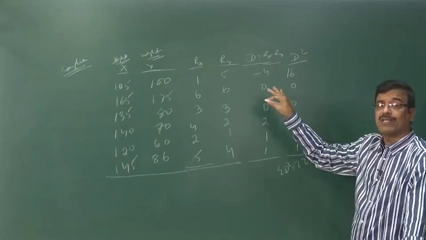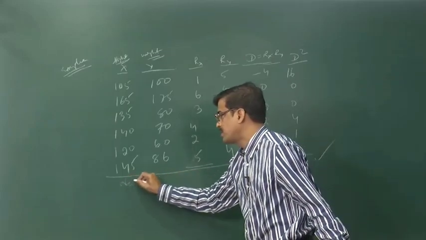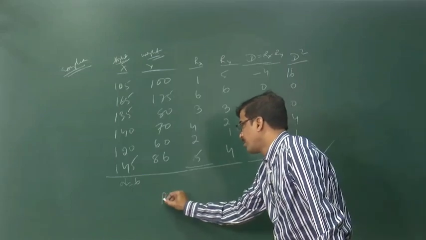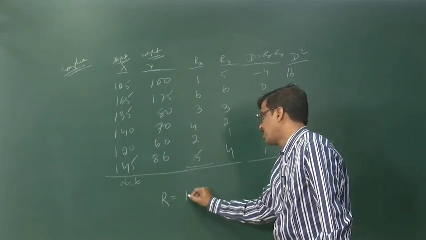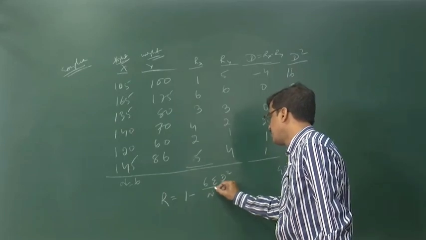Now after calculating the value of sum d square and the number of pairs of observations, that is 6, we put them inside the formula: r equals 1 minus 6 sum d square divided by n cubed minus n.